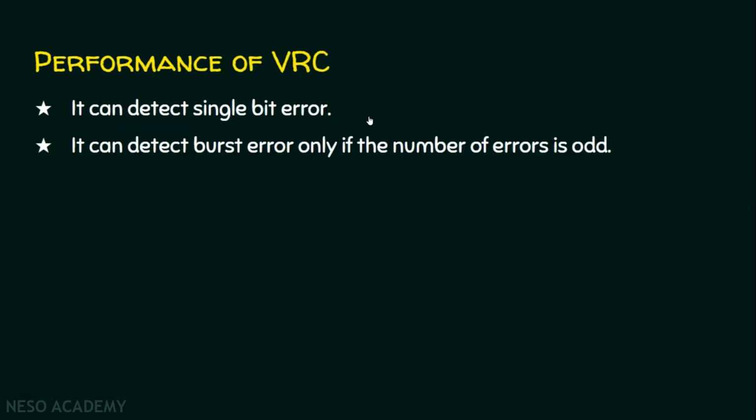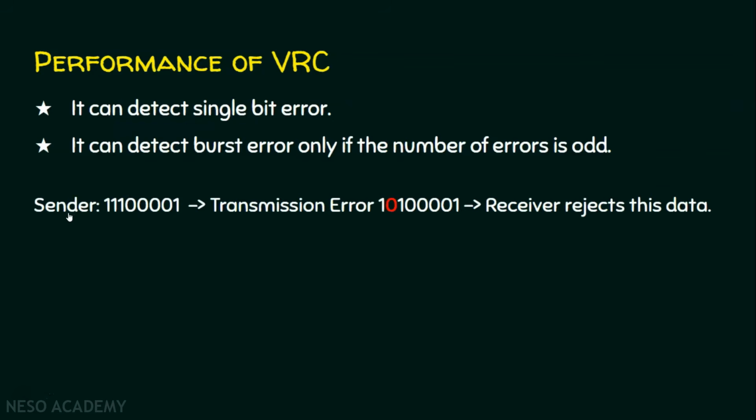We will understand these 2 things with an example now. In this example, let's assume that the sender is creating this message. This is the original message and this is the parity bit. Now this message is transmitted over the transmission medium, and let's assume that the second bit is modified to 0.